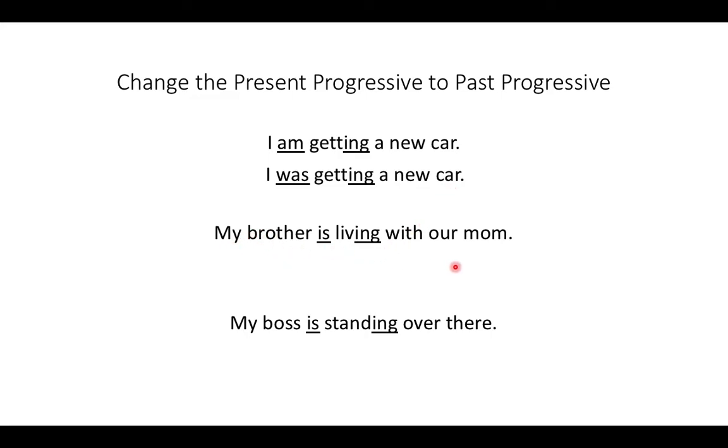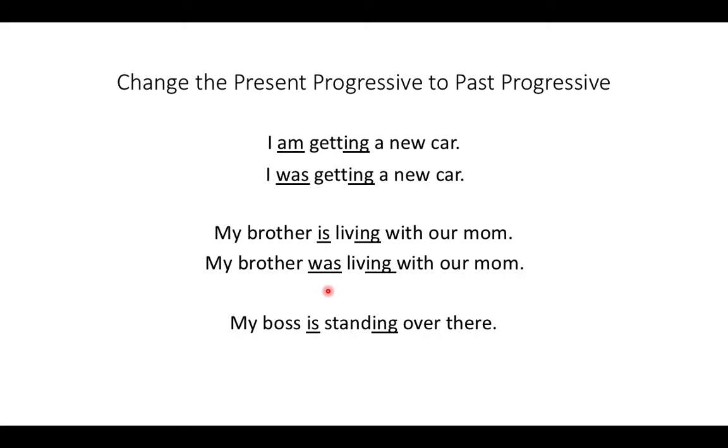The next sentence, this one is in present progressive, and we're going to change it to past. My brother is living with our mom. My brother was living with our mom. So you'll see that when we're changing present progressive to past, the only thing that we need to change is this right here, is or am or are, the be verb.